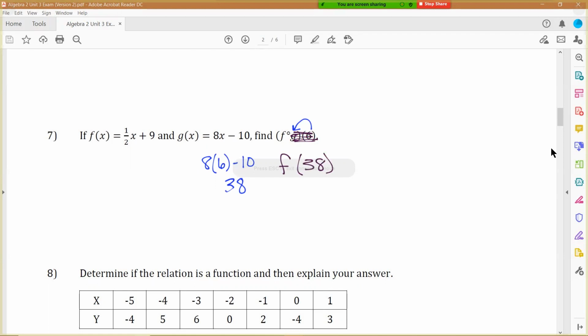So f of 38 is 1/2 times 38 plus 9. 1/2 times 38 is 19. 19 plus 9 is 28. Final answer.